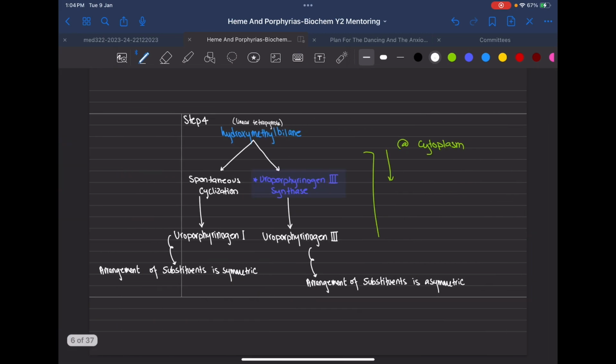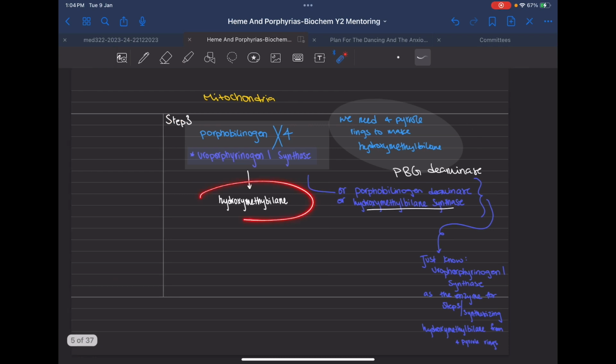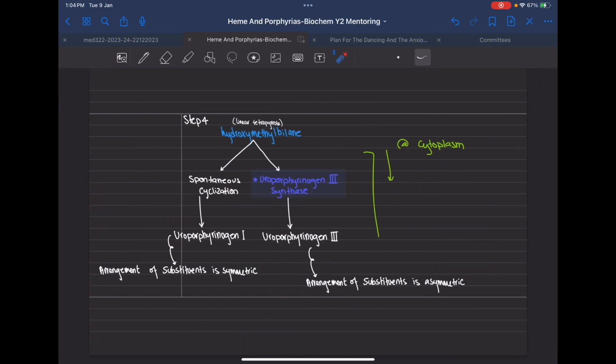Okay, moving on to step 4. So we've gotten our hydroxymethylbilane. From here, there are 2 possible things that could happen. This hydroxymethylbilane, this linear tetrapyrrole, could either undergo spontaneous cyclization, or it could undergo a reaction in the presence of this enzyme and become uroporphyrinogen 3.